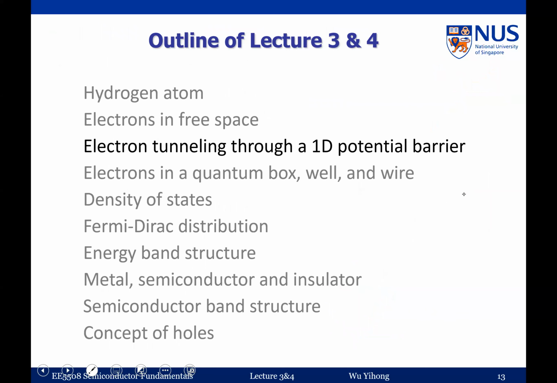Okay, so next we try to move a little bit towards the real situation. This means that we try to use an electrostatic potential to alter the electron moving path. Just now we talked about free space.